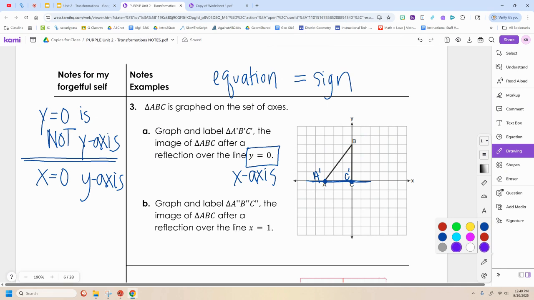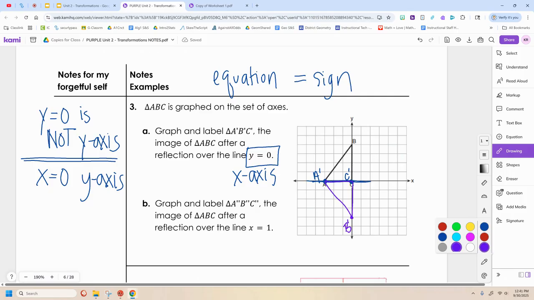So B is 1, 2, 3, 4 above the line. We're going to go 1, 2, 3, 4 below the line. There is B prime. And now we have our reflection over the line y equals 0.